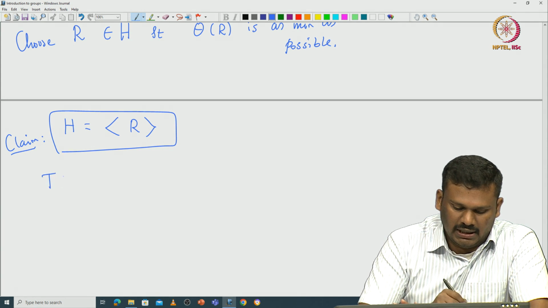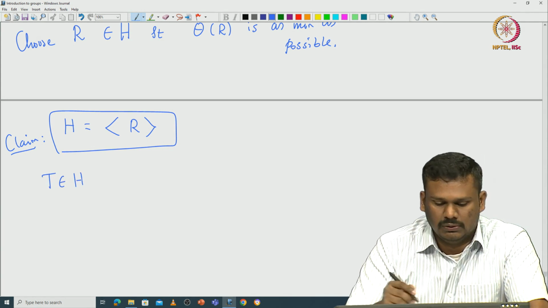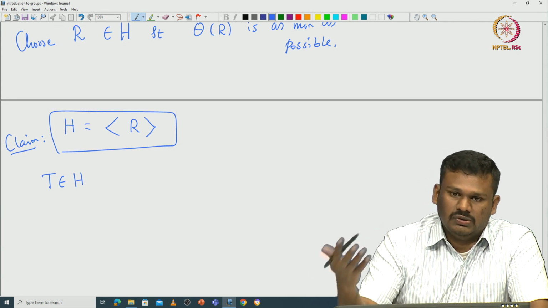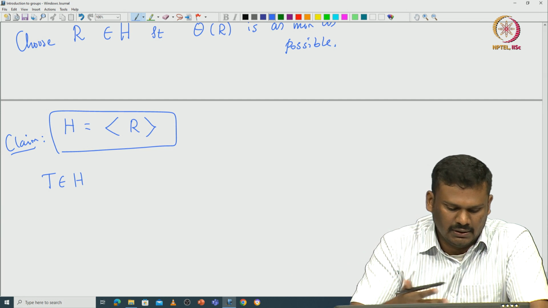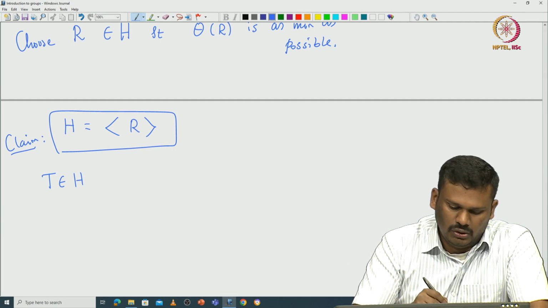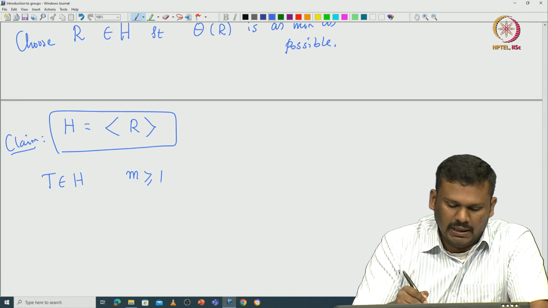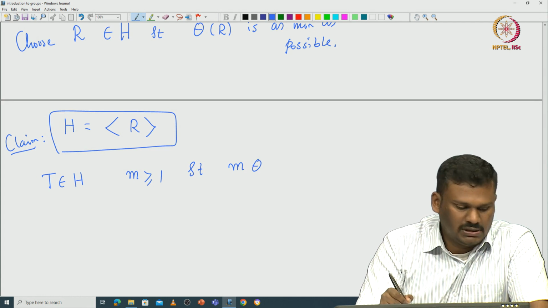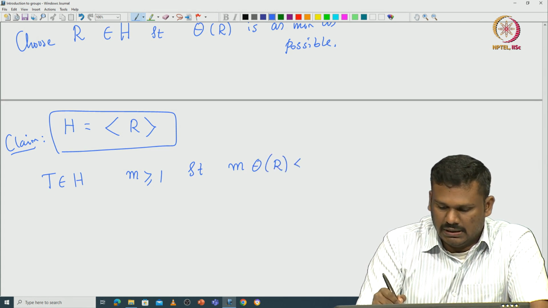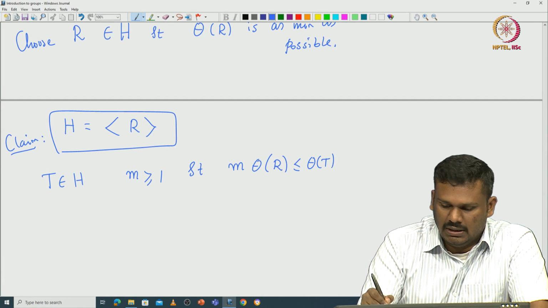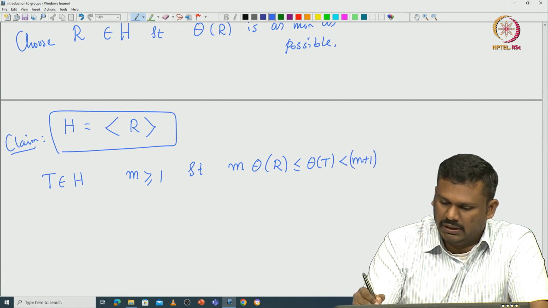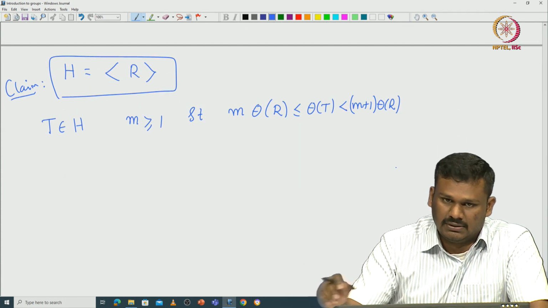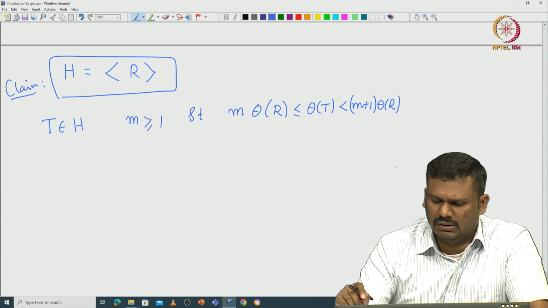So, you start with another t in H, and then you want to prove that t must be some power of r. It is very similar to the argument that a subgroup of a cyclic group is cyclic. Now, given this t, you choose some natural number m such that m times θ(r) is less than or equal to θ(t), which is strictly less than (m+1) times θ(r). Such an m exists because θ(r) is less than or equal to θ(t).